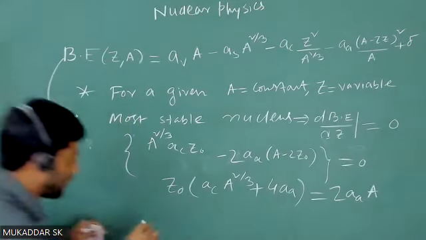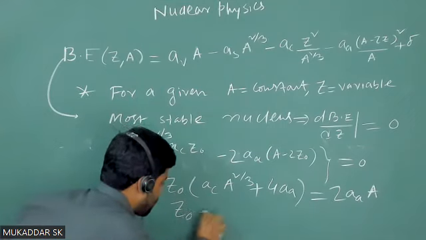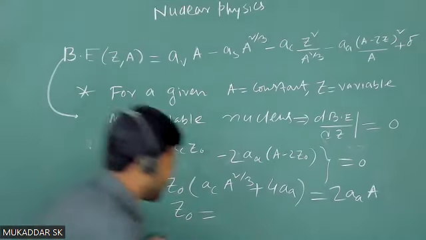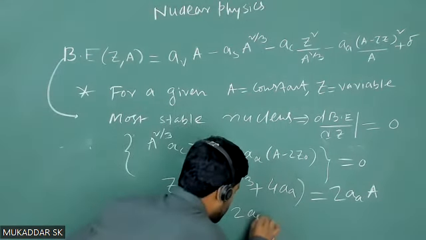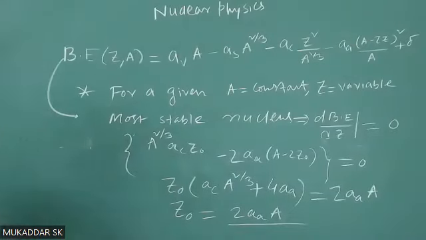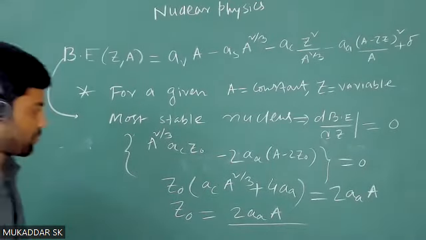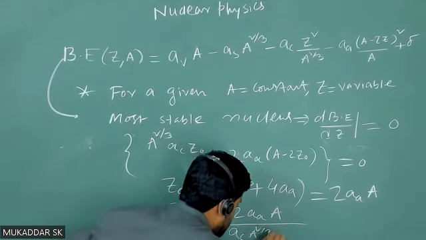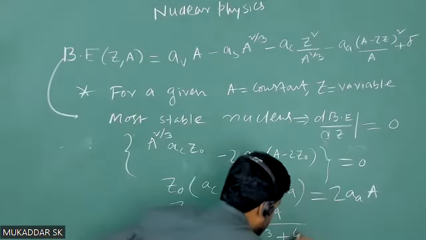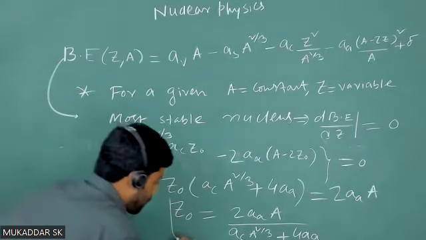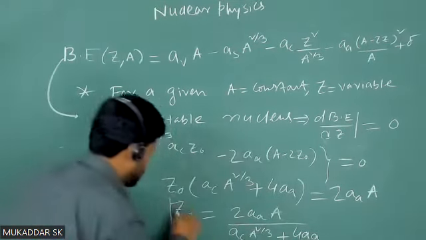So it means I can find the atomic number of the most stable nucleus for a given isobaric family, and that will depend upon the mass number and some coefficients like the asymmetric energy coefficient and the Coulomb coefficient. It will be like a_c A to the power 2/3, and you have 4a of A. It's really very, very important for your CSIR NET.